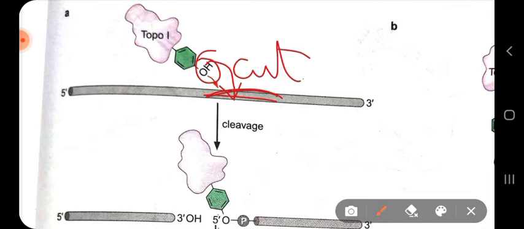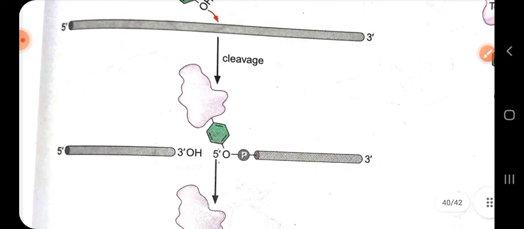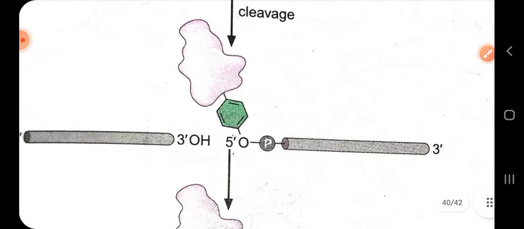This attack by the tyrosine residue creates breaks in the DNA. Here the break is single. If it is topoisomerase type 2, it creates double breaks by the activity of two tyrosine residues in its active sites. But here we are showing type 1 to make it simpler.